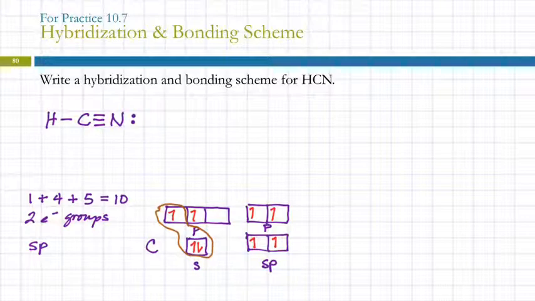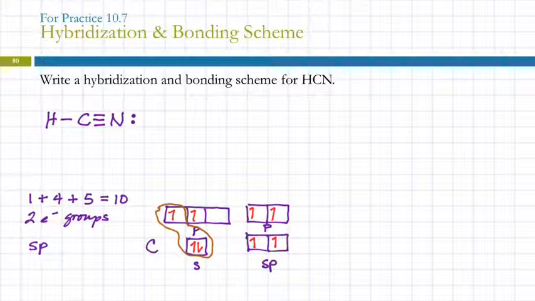And then looking ahead even further, this triple bond is made using 1 sigma bond and 2 pi bonds. Pi bonds happen between p orbitals. So because I'm going to need 2 pi bonds there, that's where these 2 p orbitals are going to come in. Does that help?